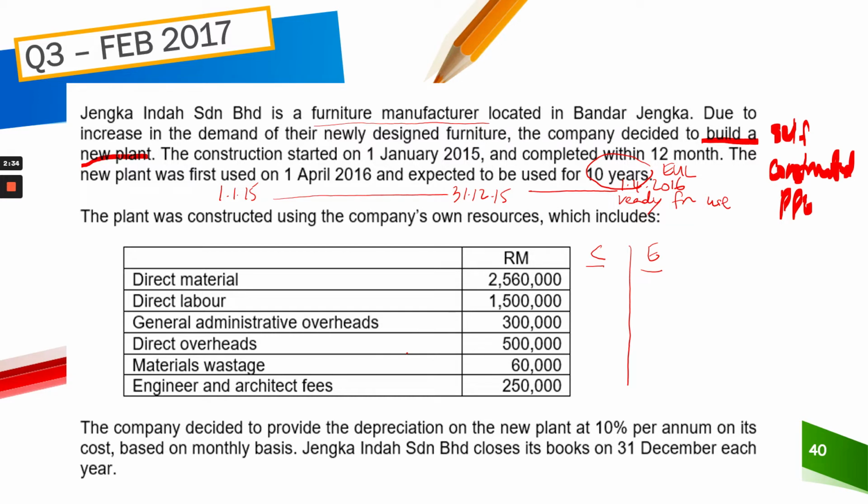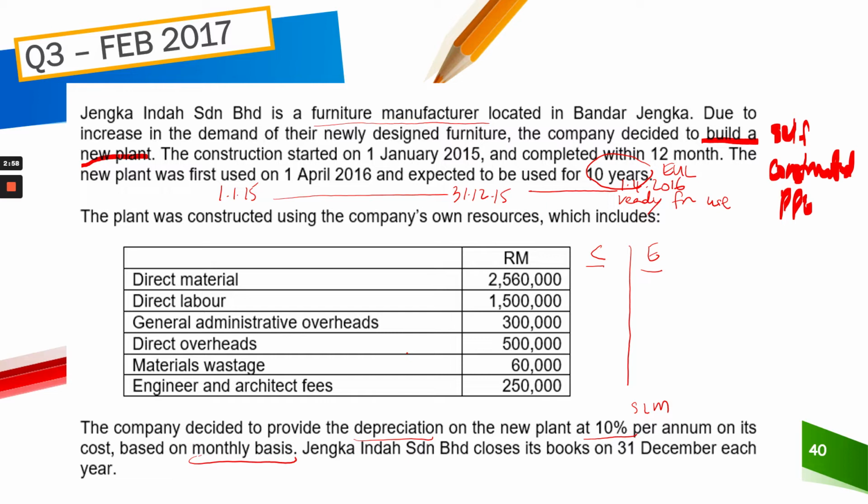And general and admin overhead, direct overhead, material wastage, and engineer and architect fees. The company decided to provide depreciation on the new plant at 10% per annum. So this is the straight line method, and it is using monthly basis.